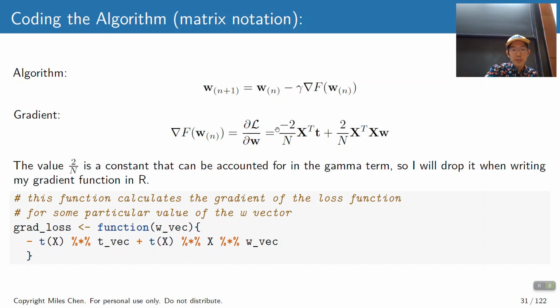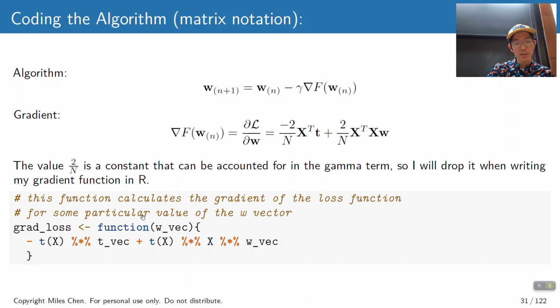Okay, so here's my gradient. All right, and this value 2 over n is just a constant. So remember, here I've got w minus gamma times this, and I can just say, let gamma or lambda or whatever, some constant equal this thing times 2 over n.